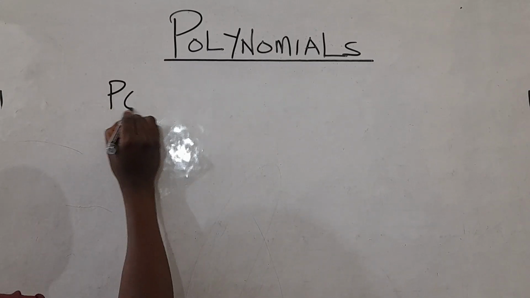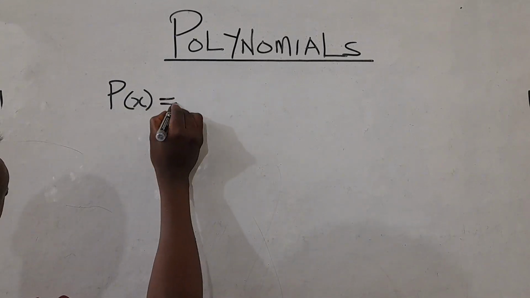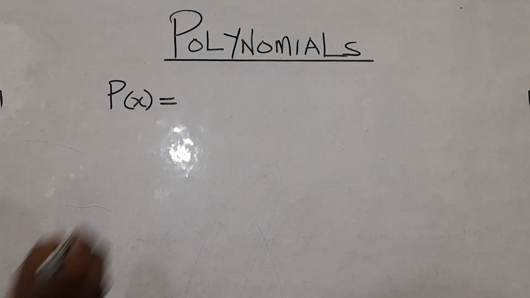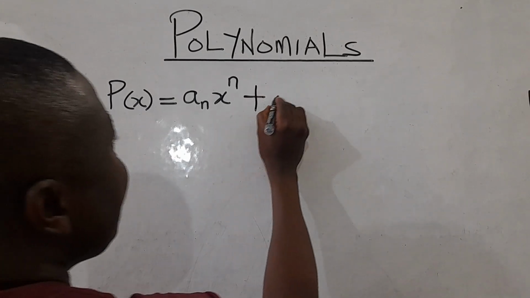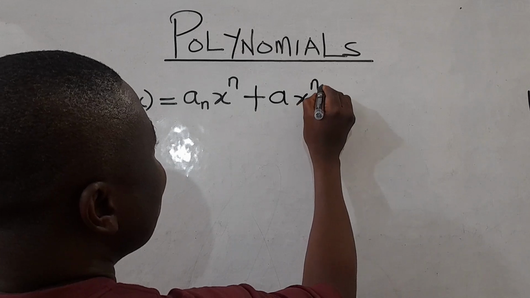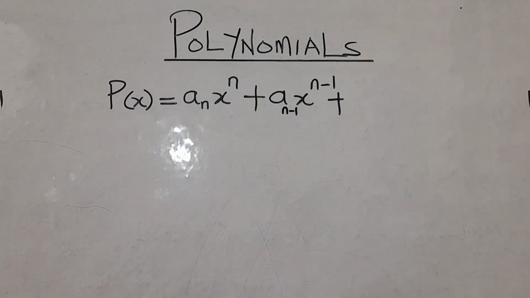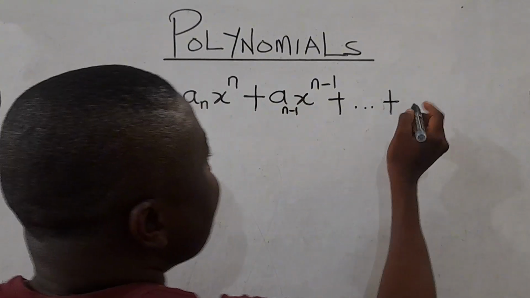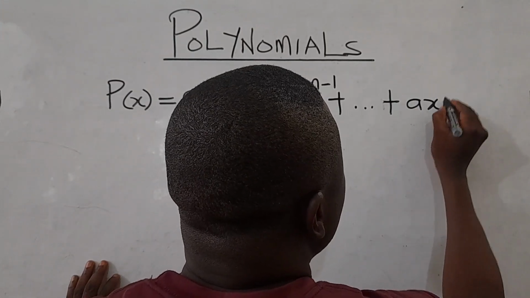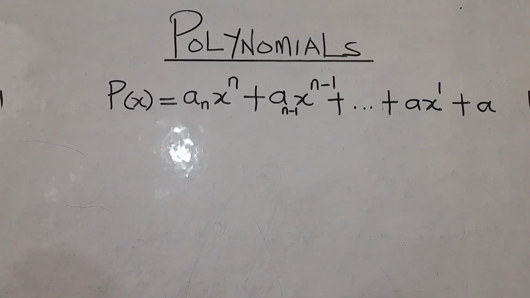We have P of x equal to, let's use a subscript, a_n x raised to power n plus a_(n-1) x raised to power n minus 1, which reduces by 1 each time, and it continues till it gives us something like a_1 x raised to power 1 plus a_0, where the a's can be the same or different.